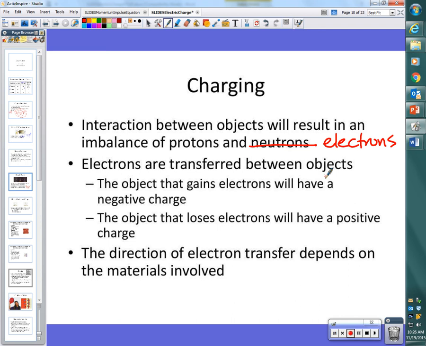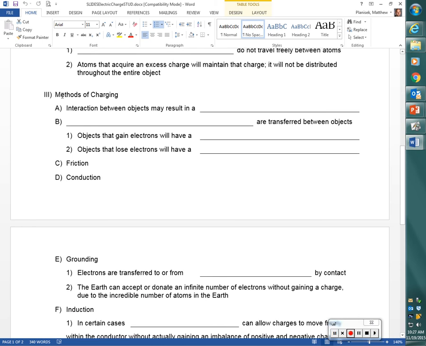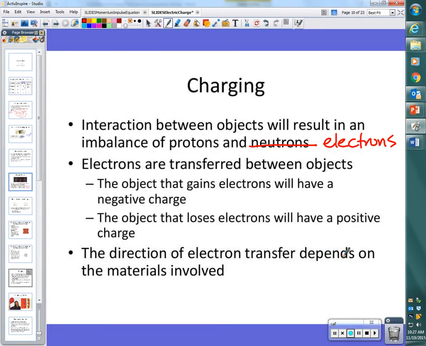Oh, sorry. We're skipping Roman numeral number 2, going down to Roman numeral number 3 on your outline, which says methods of charging. First, interaction between objects may result in an imbalance of protons and electrons, but that happens by transferring electrons.